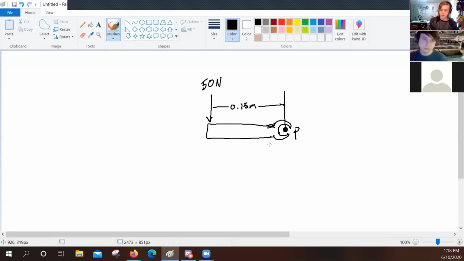What we want is to find the moment around P. So we're going to say MP equals, and this is pretty easy because this is the simplest example I could think of, just F, which is this, times D, which is this.